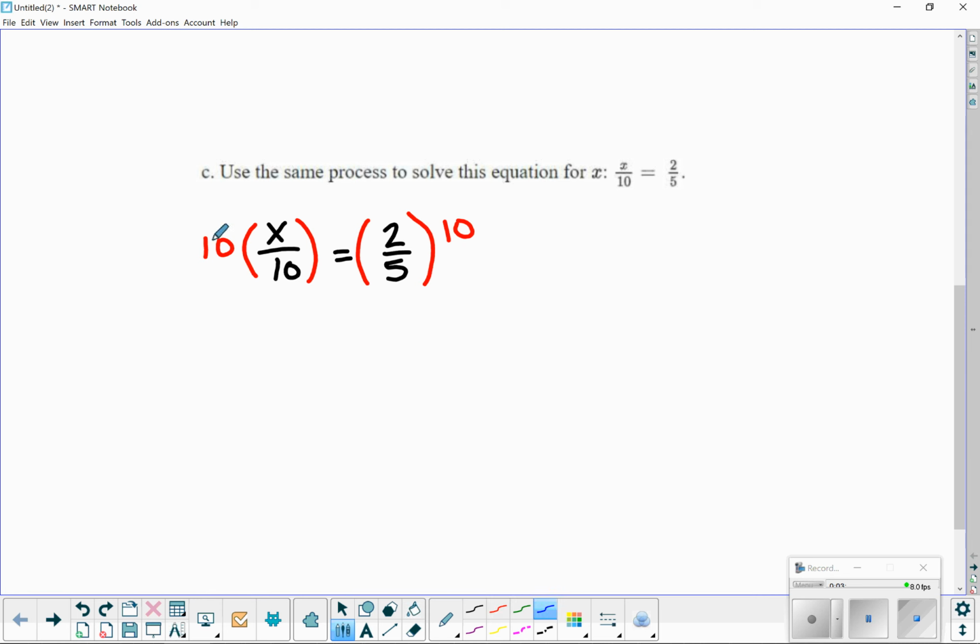Doing that, we will cancel out the 10s, and we get x equals, and we're going to multiply the top together. 2 times 10 is going to give us 20, and then divided by 5 on the bottom. So x is equal to 20 divided by 5, or x is equal to 4. Okay? That one we're not going to check.